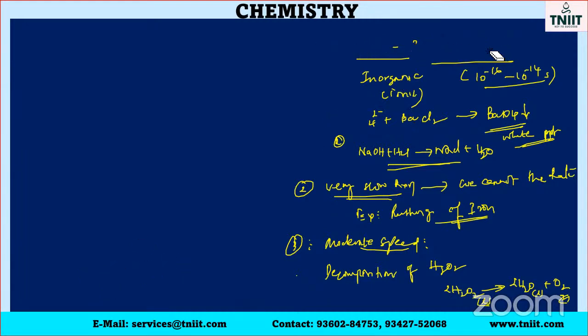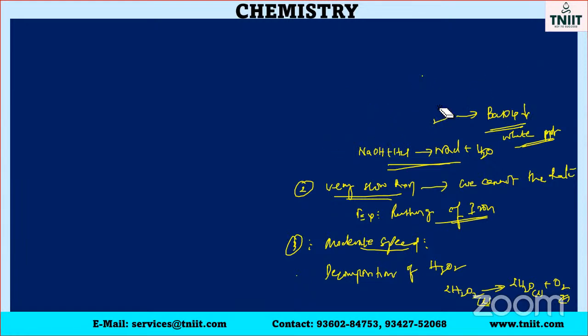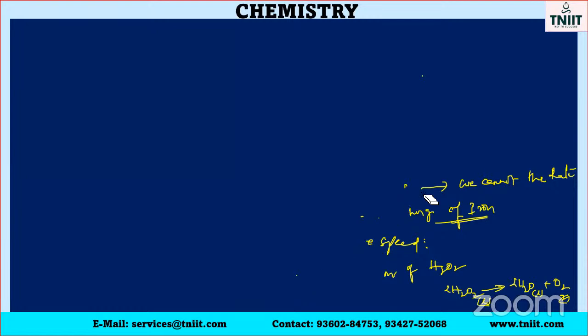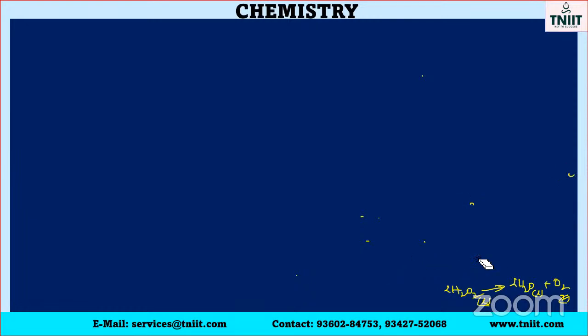Now, coming to the rate of reaction, we define rate of a reaction as the ratio of change in concentration with respect to change in time. Now, we will learn this rate of reaction using a graph also. All that I'll teach you today, and we're going to learn a few important questions based on important formulas.